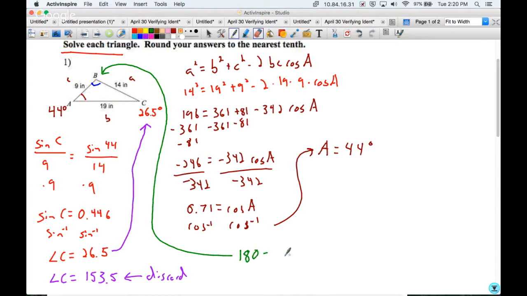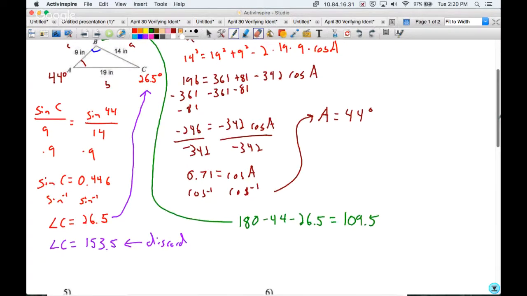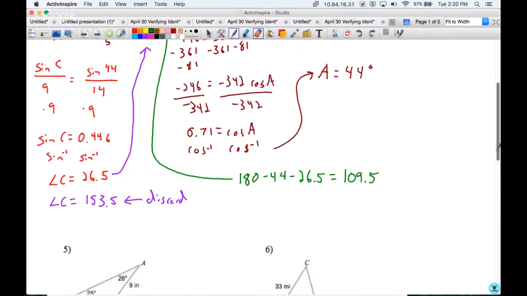So if I do 180 minus the two angles I already have, 44 and 26.5, I'll get our last angle, 180 minus 44 minus 26.5, as being 109.5 degrees. To avoid issues with the ambiguous case, just solve for the two acute angles first. You'll always have at least two acute angles, if not three.